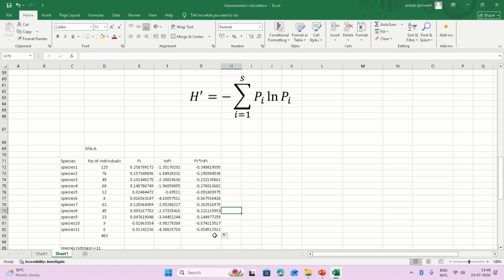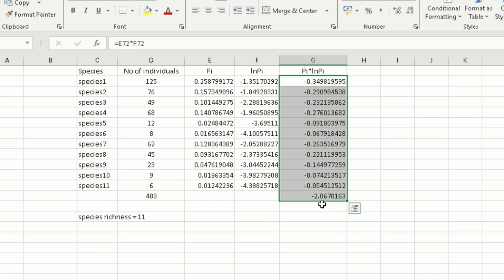Now we have to add the whole values to obtain the summation of Pi ln Pi. So let us add this value. It is minus 2.067.